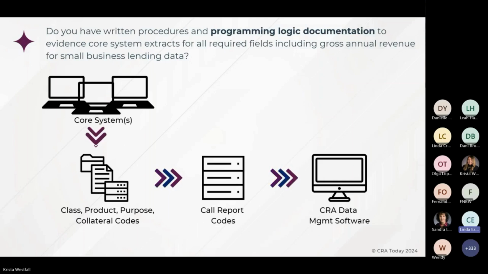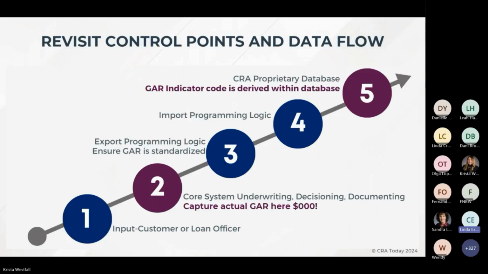So have we revisited our key extracts from core systems to make sure that we're collecting all of the applicable small business loans, proper call codes? And then that we're importing it well and have procedures to import accurate data? So really taking a deeper dive into these details, seeing if we can improve processes and embed more rigor into our CMS. Next slide.